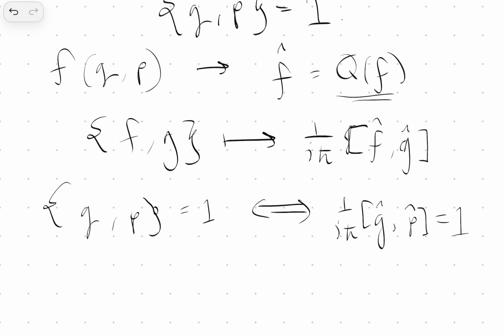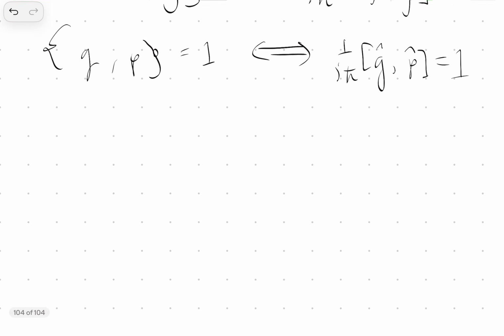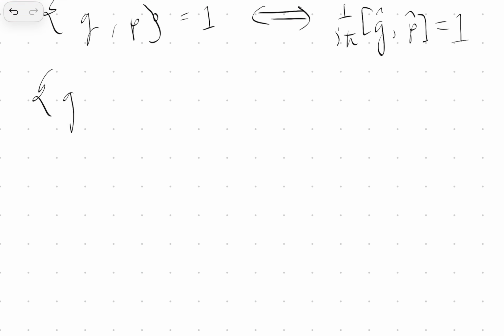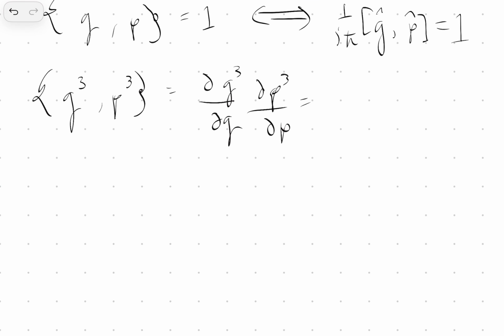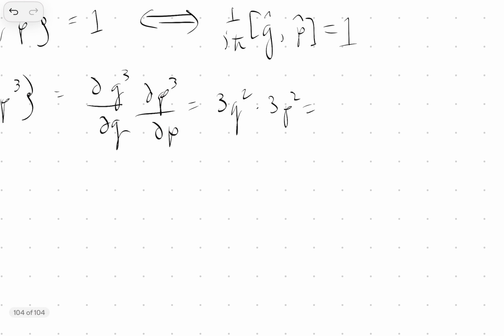So now what we can do is actually test a higher order bracket. Let's say we have Q cubed and P cubed, and take the partial derivatives. Well, if we were to compute this, this would be 3Q squared times this, which is 9Q squared P squared.